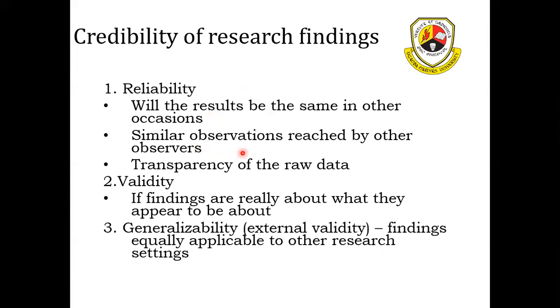Similar observations reached by others, that is where we rely on other literature. Coming back to Robert's question, if your research is quantitative, that means it is explanatory, there must have been other observations elsewhere.